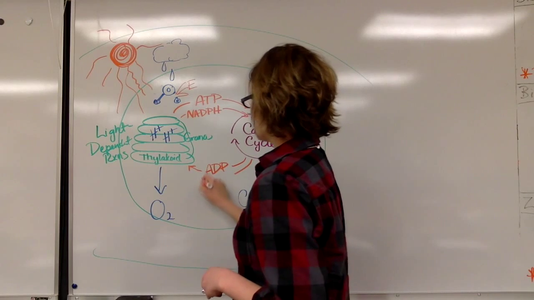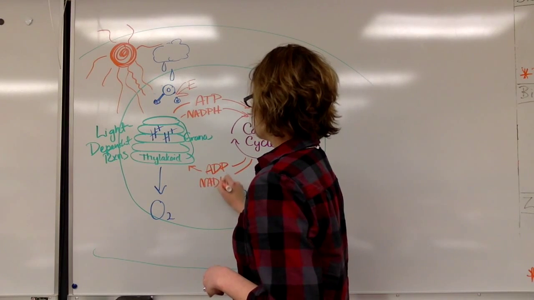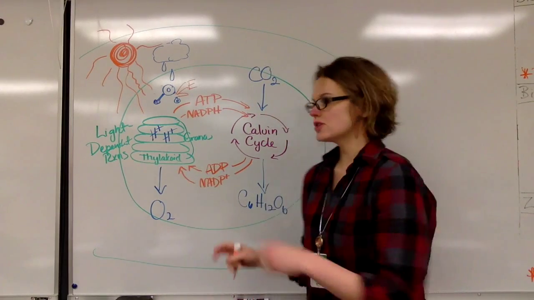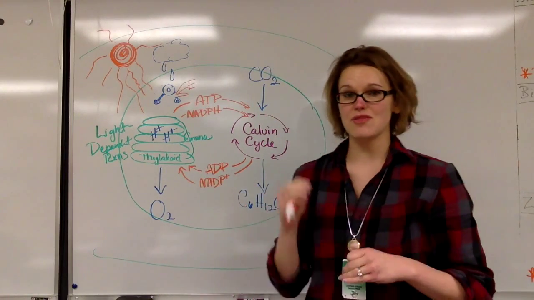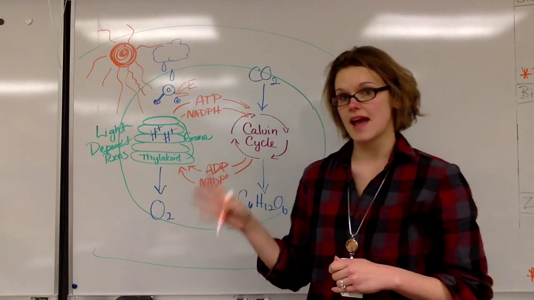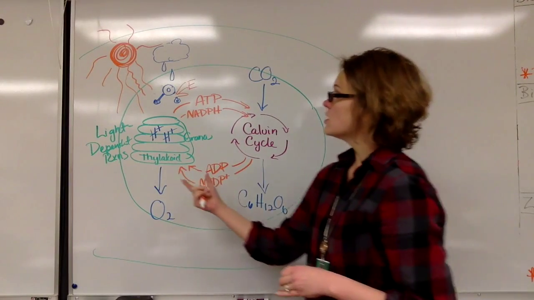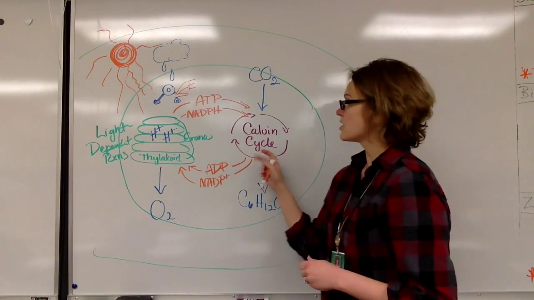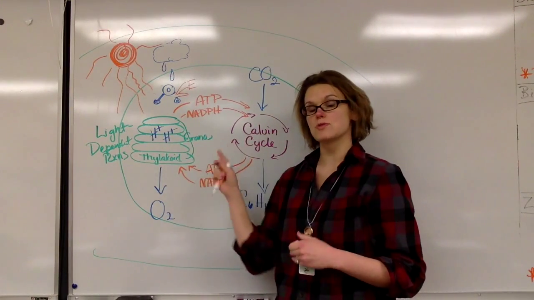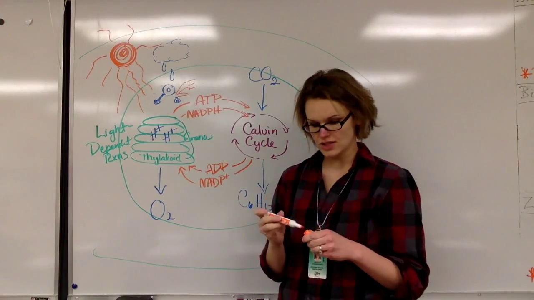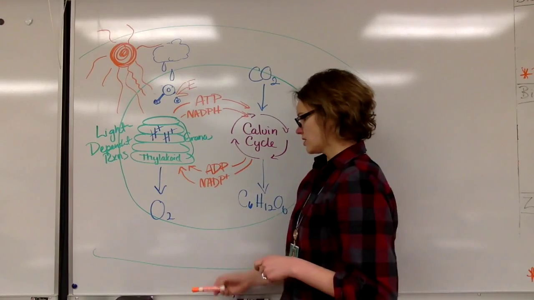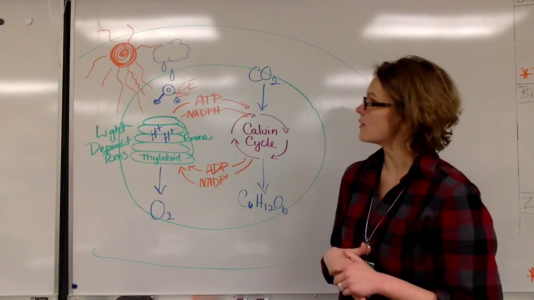And we're also going to have NADP+, which is also the de-energized form. So we have 3 different cycles actually happening in photosynthesis. We have the light-dependent reactions, which is the first one. We have the Calvin cycle, and in between all of this, which makes it all possible and connects it all together, is the ATP cycle and NADPH cycle, if you would like to do it that way.